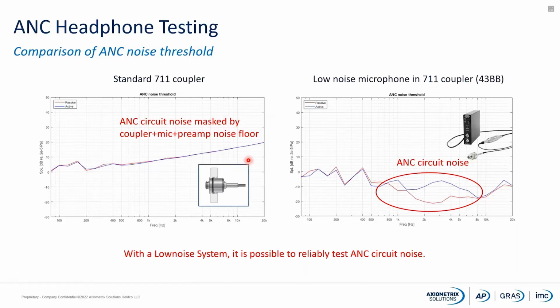For those types of measurements, it's always recommended to use a low noise system such as the 43BB. In this case, thanks to the very high sensitivity and very low noise floor of the 43BB low noise ear simulator system, we will be able to measure the hiss noise created by the ANC circuits.